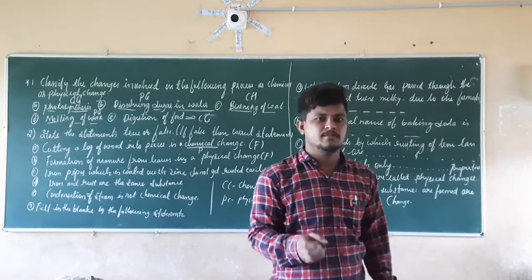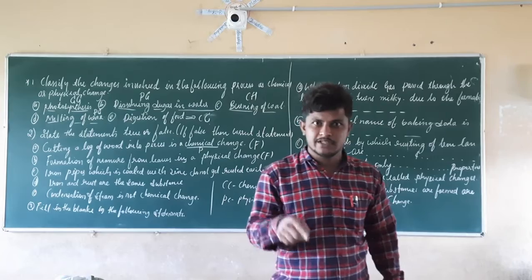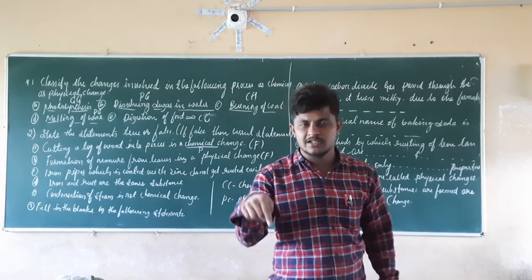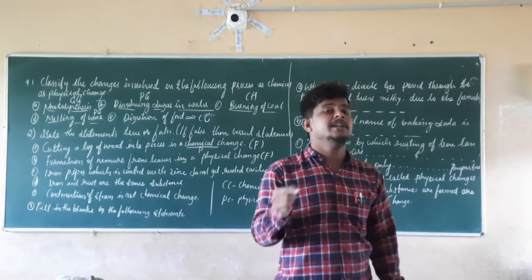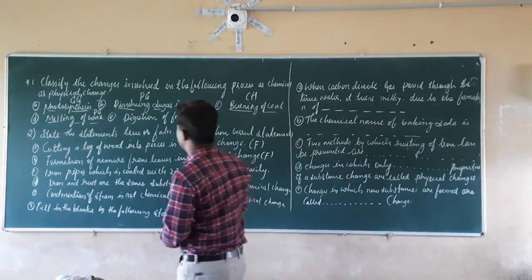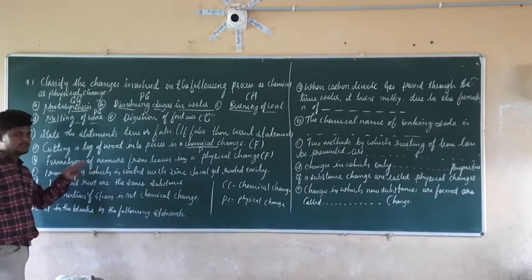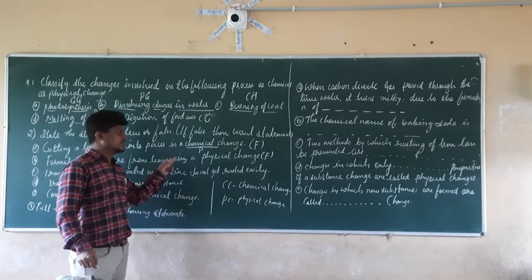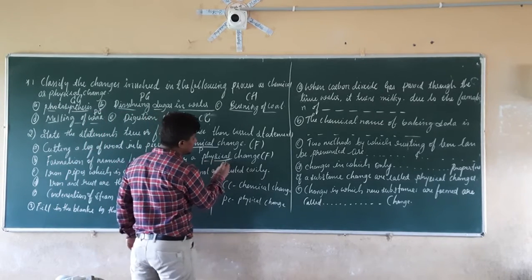It is not possible that from the manure we get the leaves, so it is a non-reversible reaction. If it is a non-reversible reaction, and if a new product is formed, then it is known as a chemical change. Because of that, this statement is completely false. Formation of manure from leaves is a physical change is completely wrong. Here it should be a chemical change.